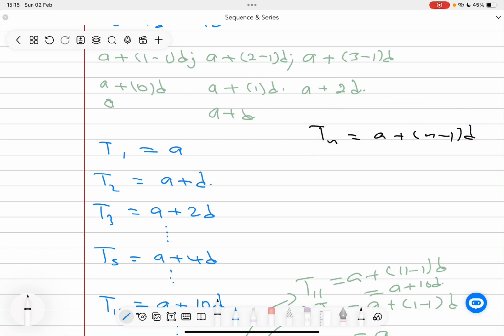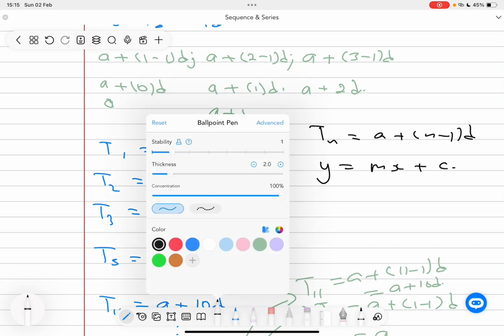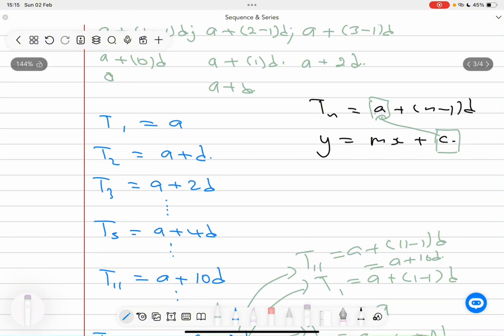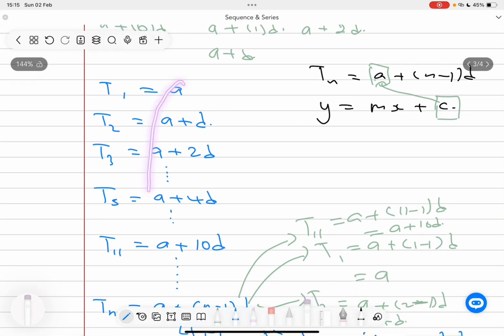The reason is that it has the form y equals mx plus c. The c here is actually the same as the A because it's a constant, a number that doesn't change. We have seen when we studied our sequence that the A doesn't change, it's always the same.